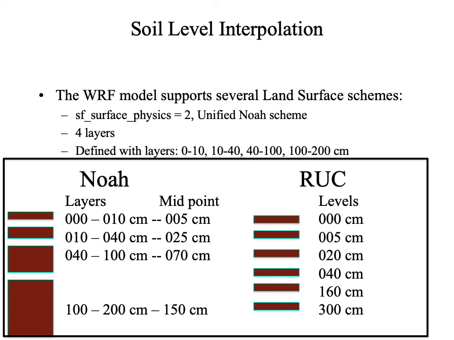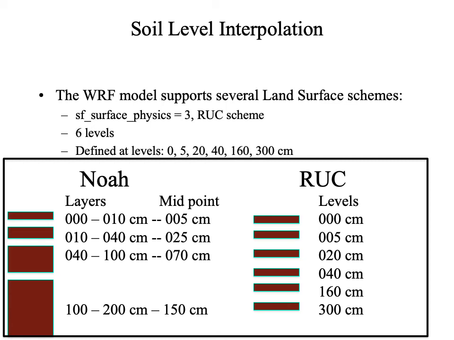If the choice that the user made was to use the NOAA land surface scheme, the levels defined there are 0 to 10, 10 to 40, 40 to 100, and then 100 to 200 centimeters. So again, 5 layers, but the locations are going to be different.